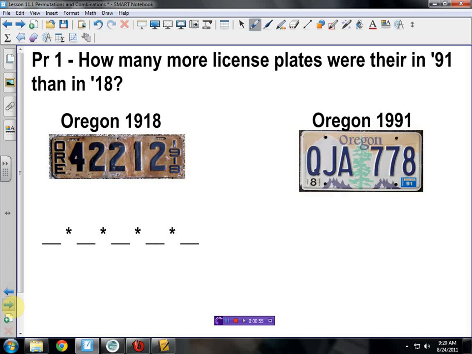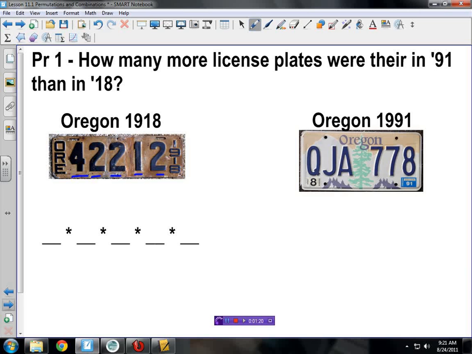And we can use the fundamental counting theorem in problems like this. This is problem 1, and it says how many more license plates were there in 91 than in 1918? If we look at 1918, there are 5 numbers, all numbers, and we can use the fundamental counting theorem to figure out the total amount instead of counting them all.